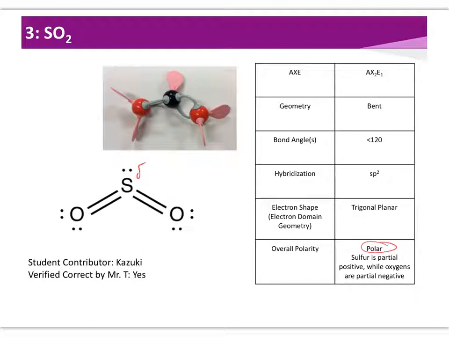Sulfur would have a partial positive charge, and the oxygens would have a partial negative charge. Oxygen has a higher electronegativity. The atom that has a higher electronegativity is able to attract the bonded electrons more tightly, and so we get partial negative charges on the oxygen and a partial positive charge on the sulfur.